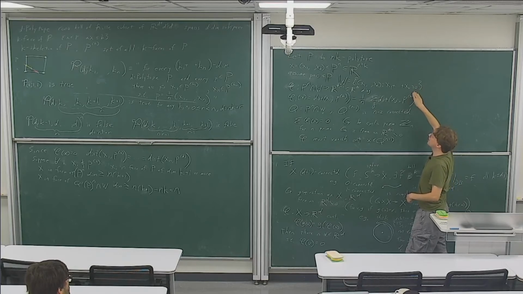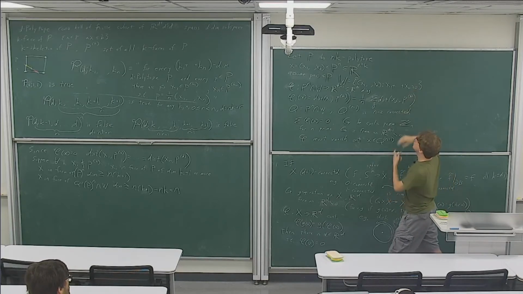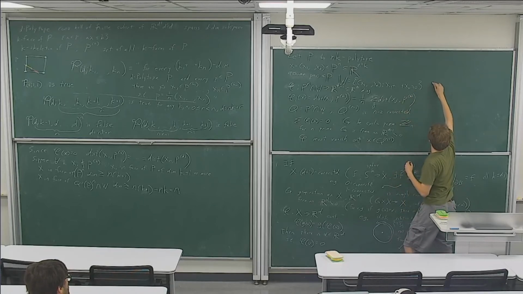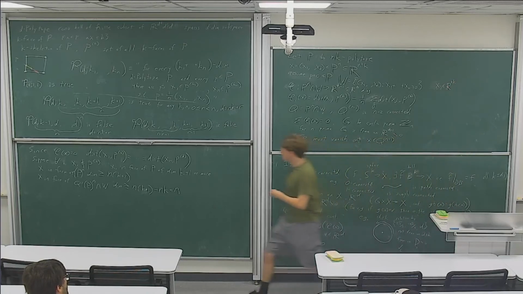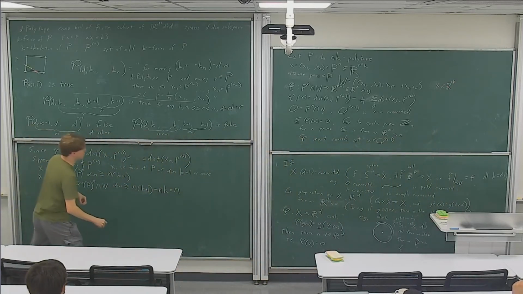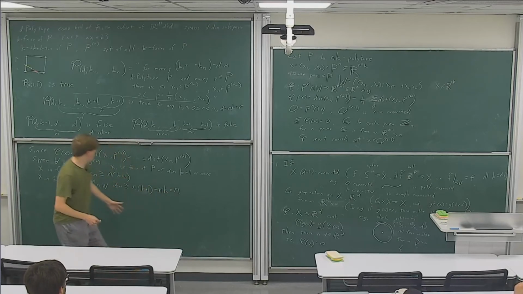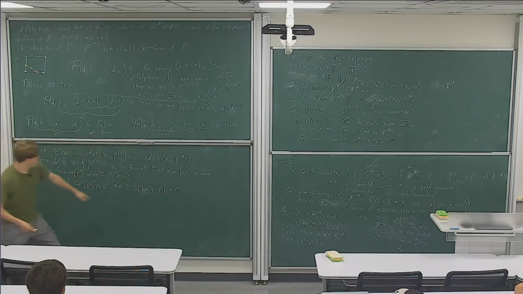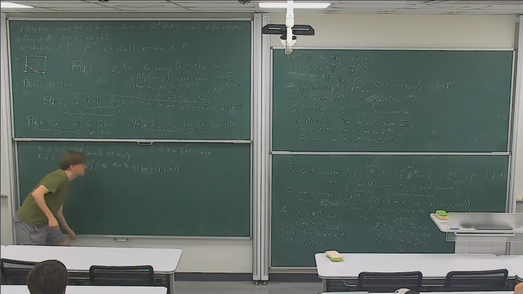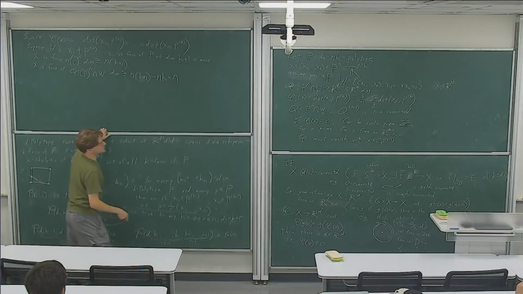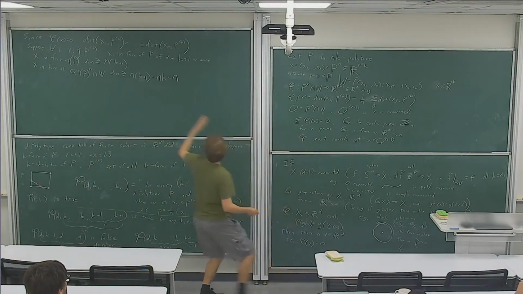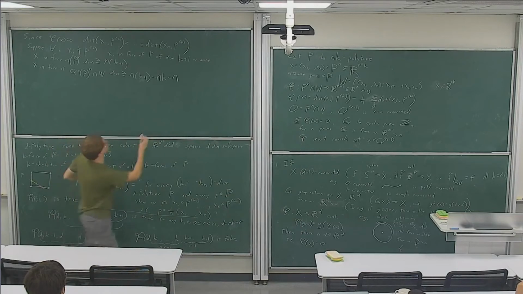So really, I'm requiring nk constraints, since each xi is in R nk. So this has codimension nk, which is a contradiction, right? Because now I have my point, which was in a face of dimension n minus 1, now has to be in a face of dimension at least n. So this is a contradiction.